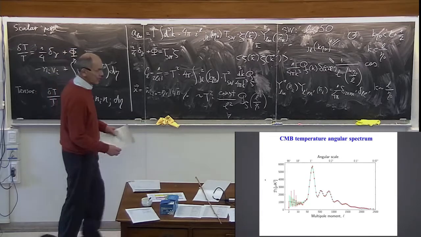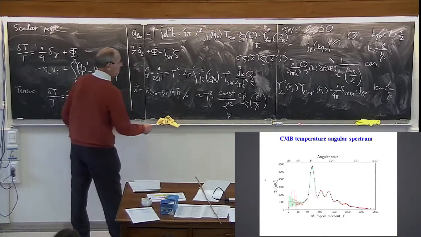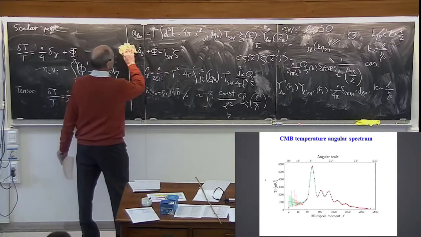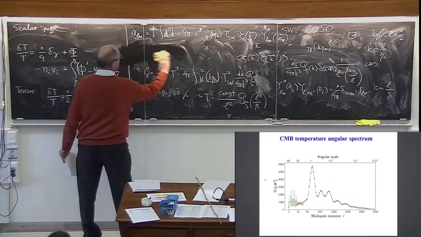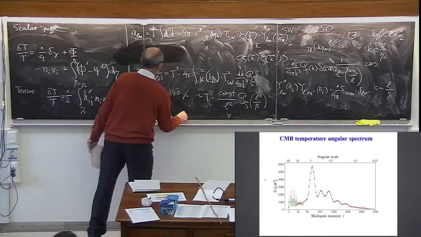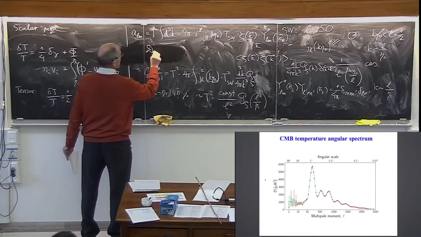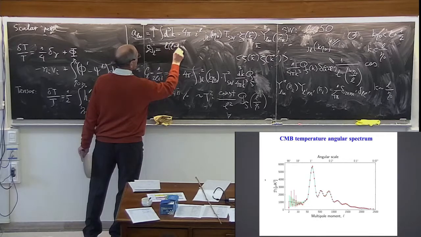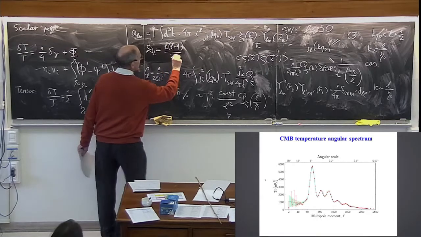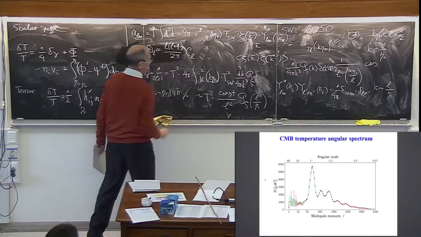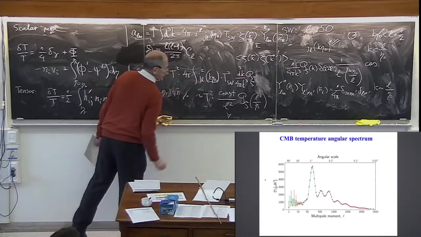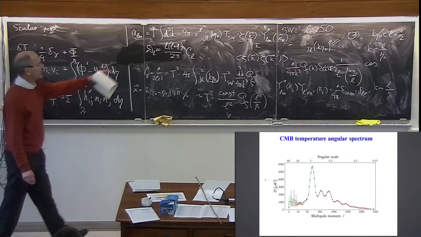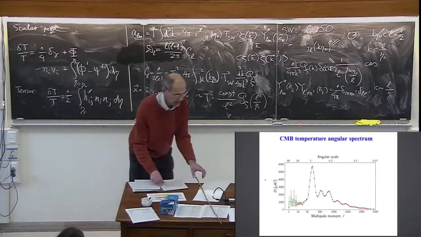Good. So this means that what is shown here is actually not C_L. What people usually show is not C_L. It's the combination D_L, which is equal to L times (L+1) over 2 pi C_L. So C_L themselves are inversely proportional to L squared, so D_L is flat, and this is the case here.